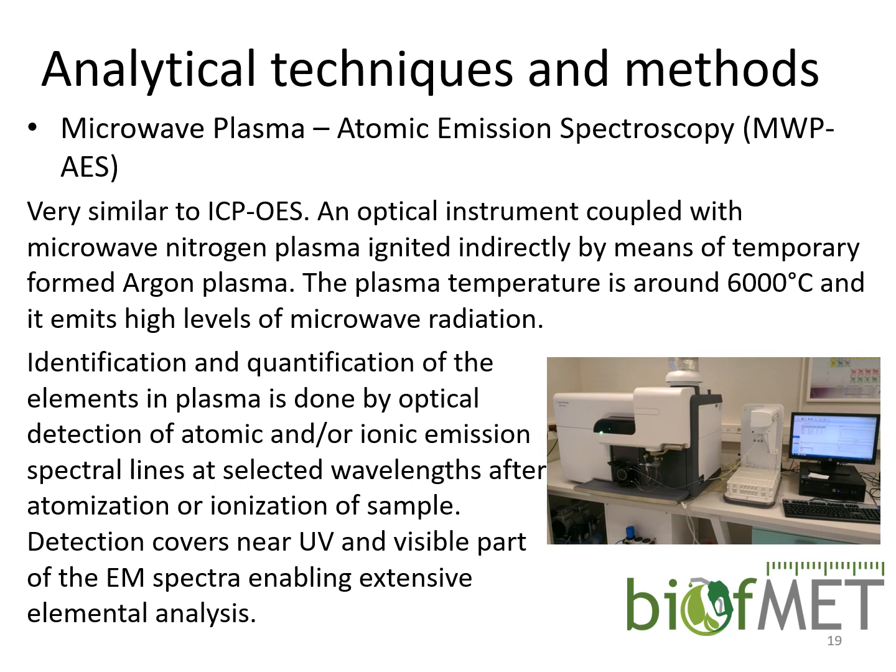Atomic emission spectroscopy with microwave plasma is very, very similar to ICP-OES. It's only that the plasma is made of nitrogen instead of argon, so the plasma temperature is somewhat lower, around 6,000 degrees Celsius. That means that depending on the energies for atomization or ionization of a certain element, you can have either atomic or ionic spectra.